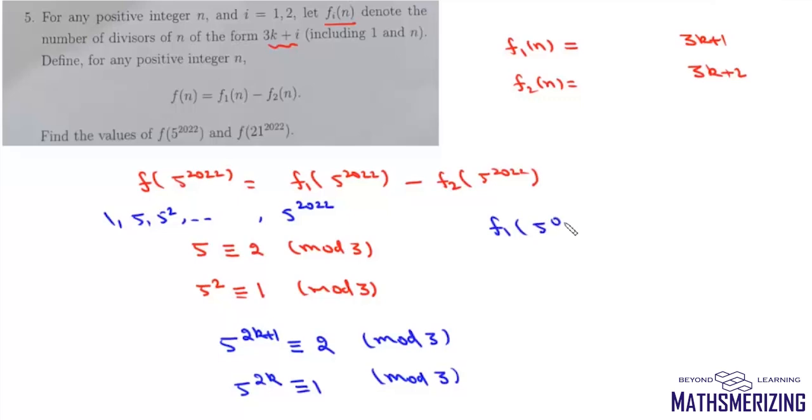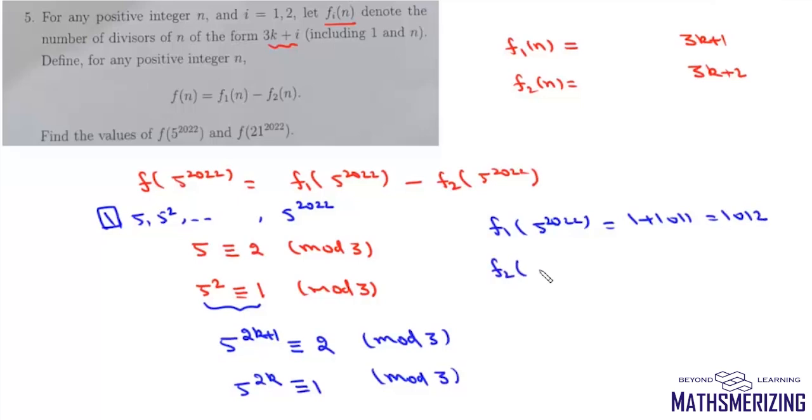Now if we look at f1 of 5 to the power 2022, it will include 1 and then all the even powers of 5, and the number of even powers of 5 is 1011. So it will be 1 plus 1011, which is 1012.